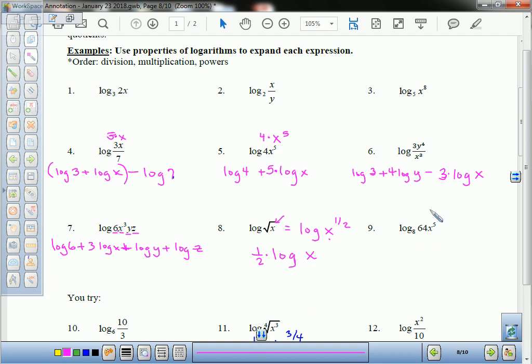All right, I really like number 9 because it shows why we would ever do this. So when we take number 9 and we expand it, do you see we have these two parts? So we end up with log base 8 of 64 plus 5 log base 8 of x.